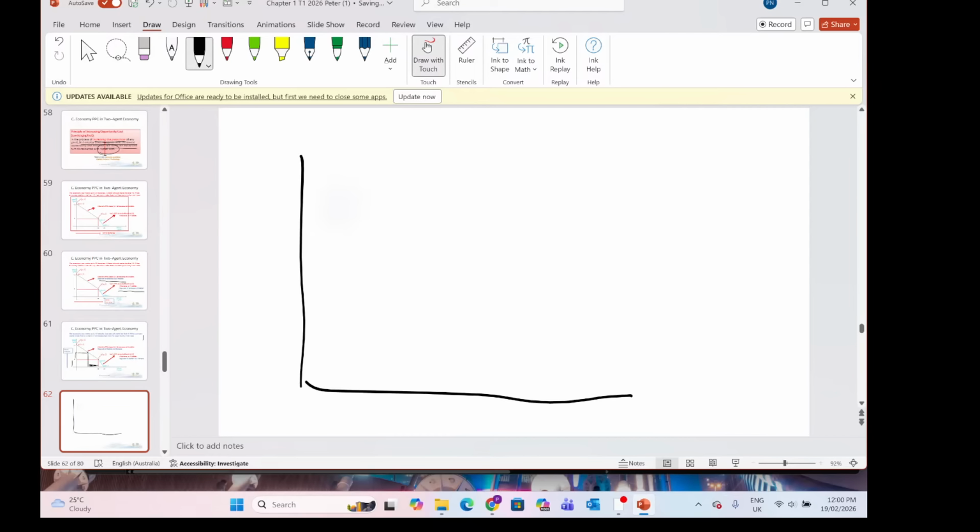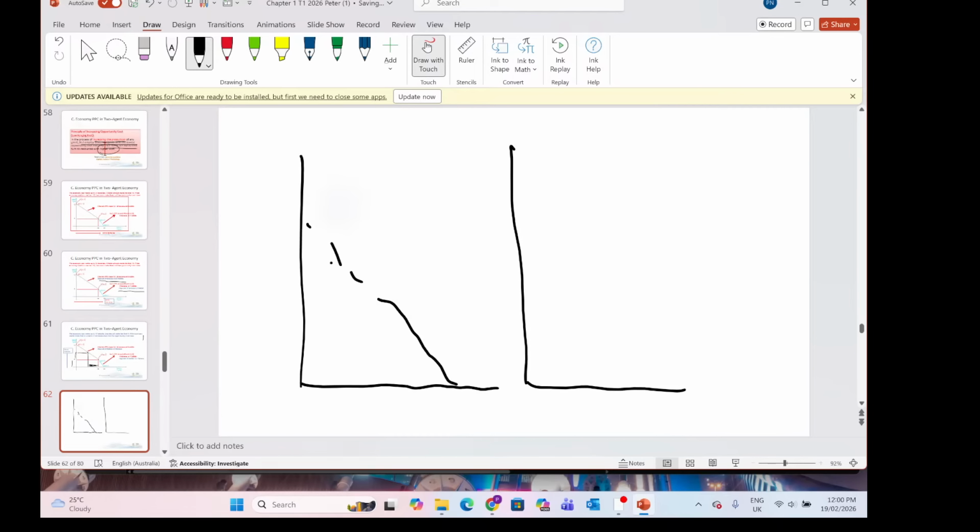We could draw our curve in a number of ways. I could draw it like so, a straight line. But today we're drawing it slightly differently. We've drawn it like that. And later on today, we'll be drawing it differently again. We'll be drawing it like that.